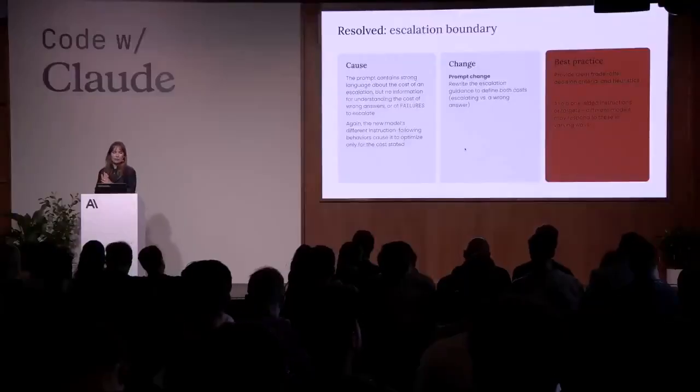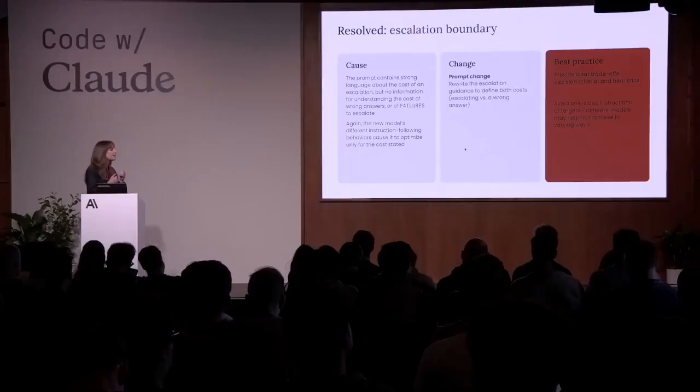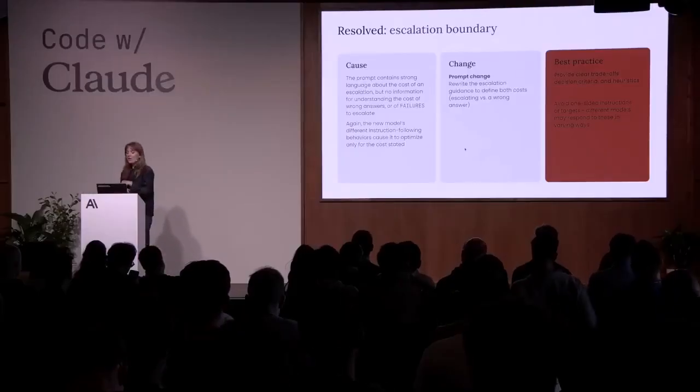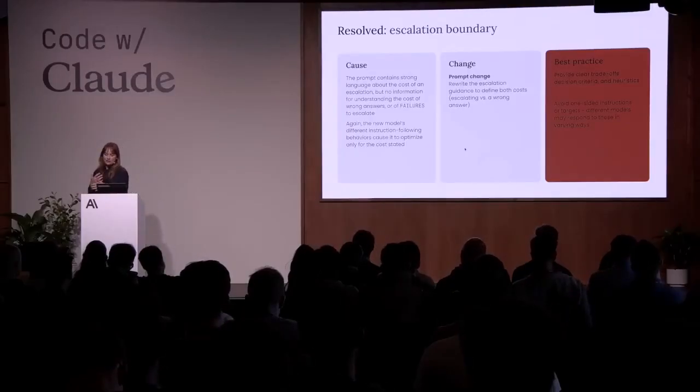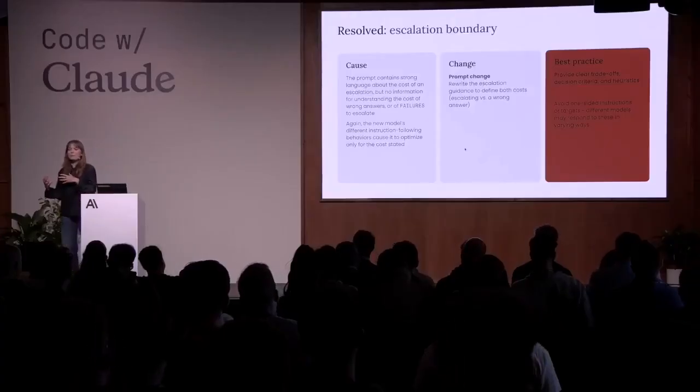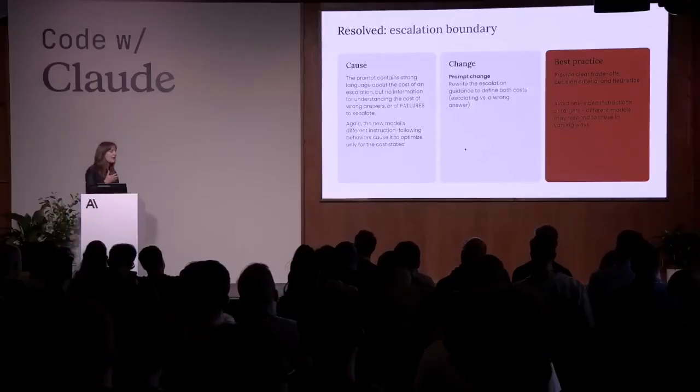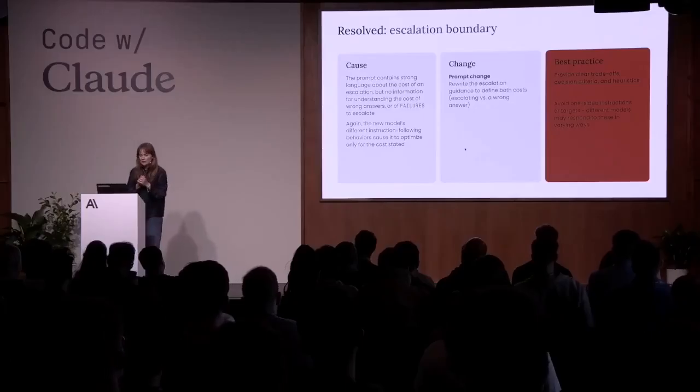It's quite similar to the one we saw earlier, where we didn't want it to overfit to a certain type of behavior. But it's the kind of instruction that can be followed quite differently by different generations of models. And specifically, as models become more intelligent, we need to remember to state both sides of the trade-offs, because our models are becoming better themselves at making those trade-offs themselves.